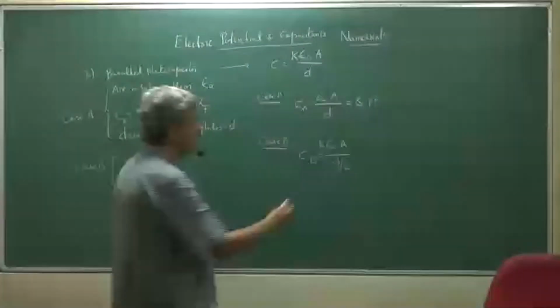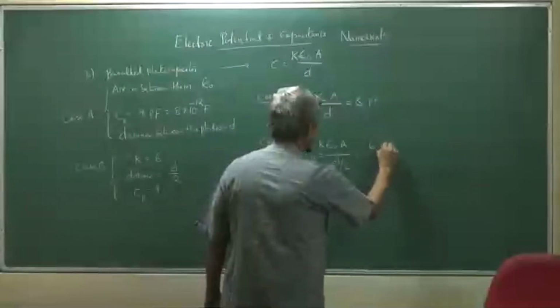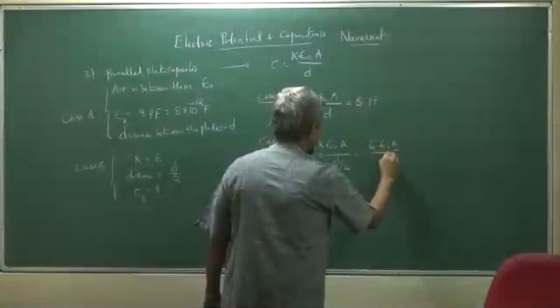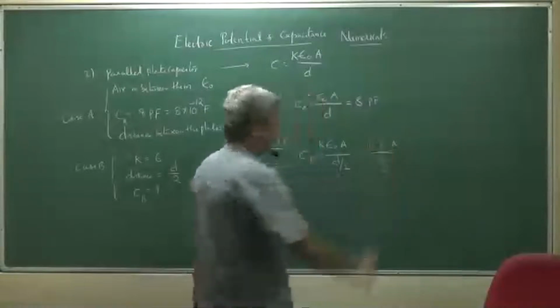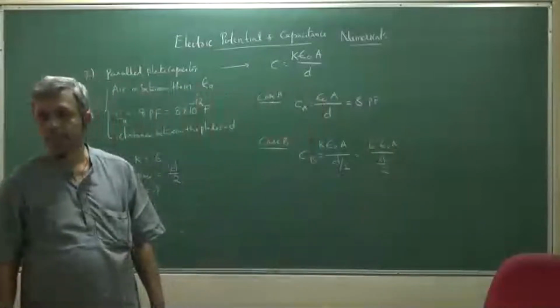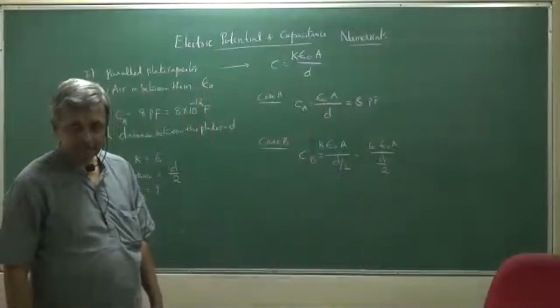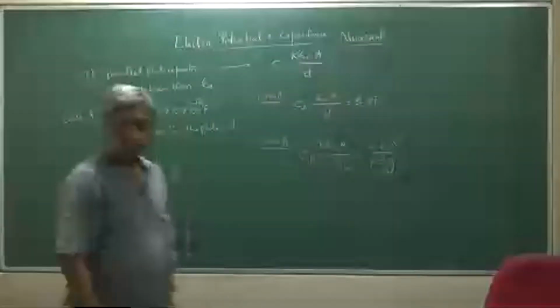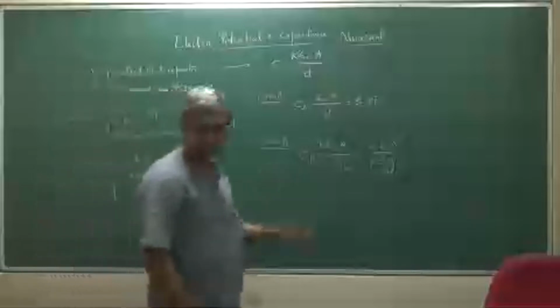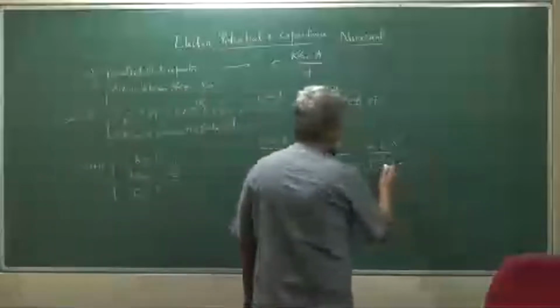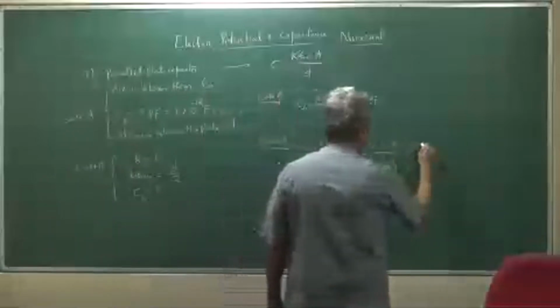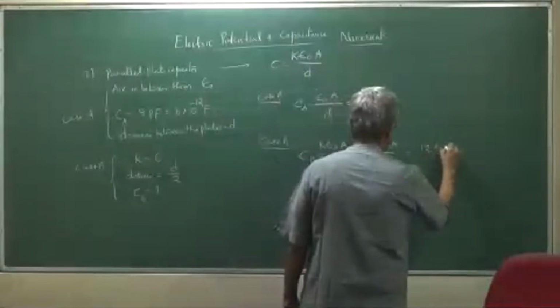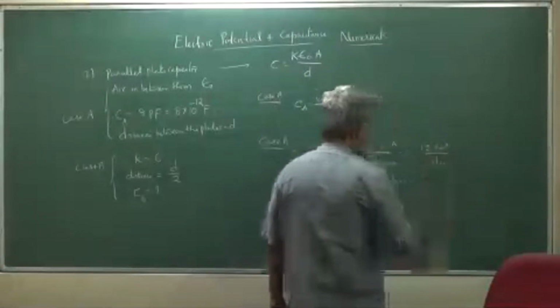So here the value K is 6, so it is 6 epsilon naught A by D by 2, right? So the distance has become D by 2. Now I will simplify a little bit: the denominator of the denominator goes to the numerator, so it will become 12 epsilon naught A divided by D.